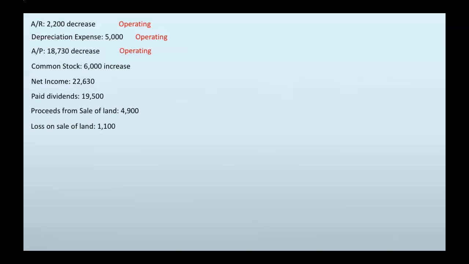Common stock increasing, that's a financing activity. Your net income goes at the very top of your operating activity section. Dividends paid, that's financing. The proceeds from the sale of land, so the money that we actually got when we sold the land, that's an investing activity. And then the loss on the sale of the land goes into operating.